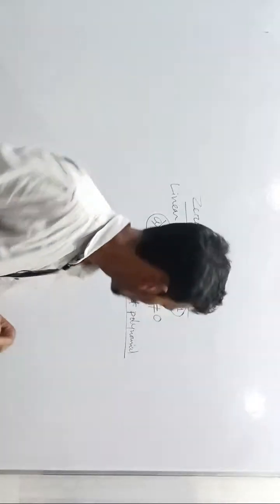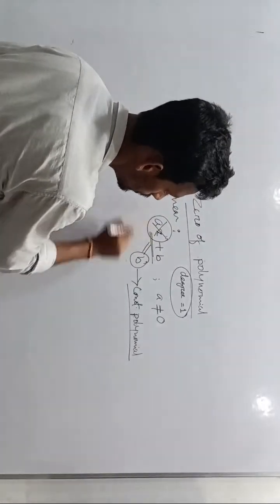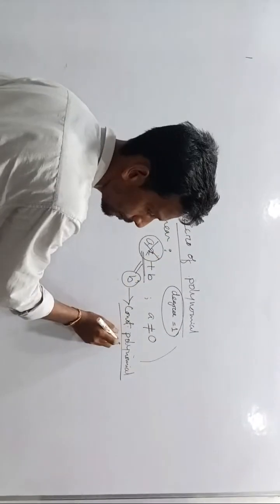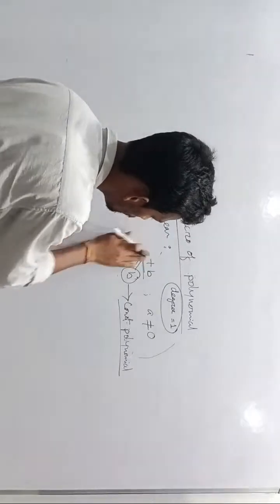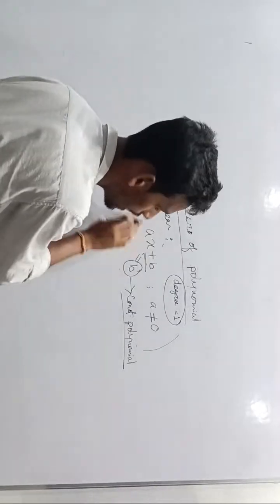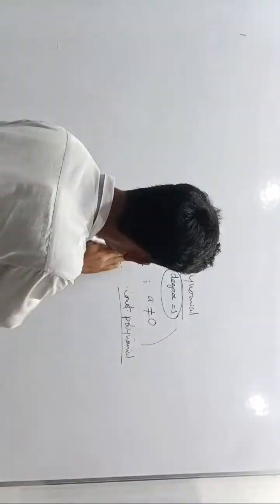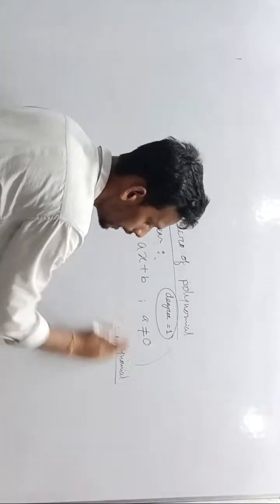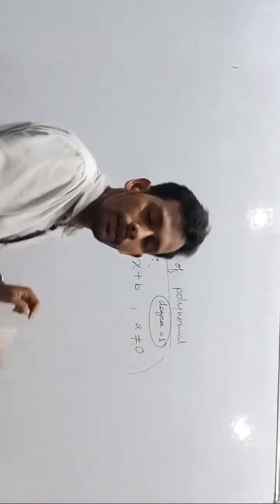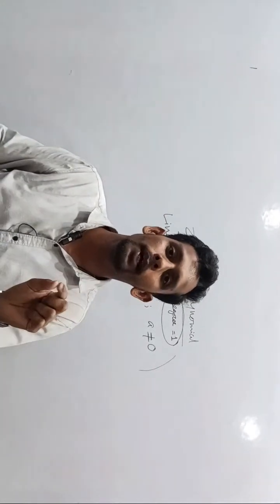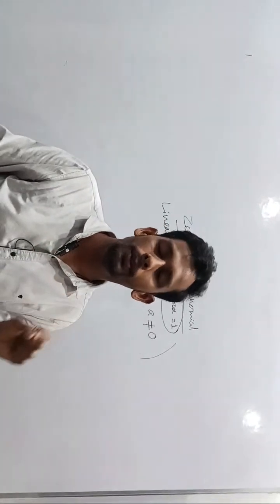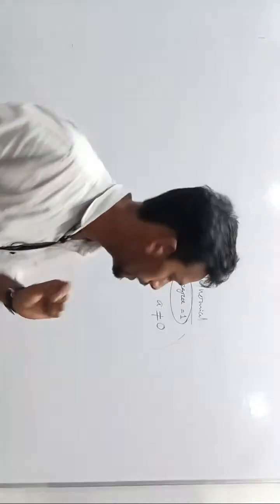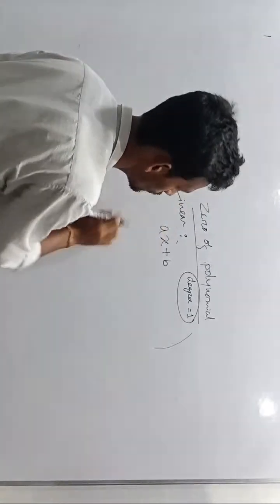If it is a constant polynomial, it cannot be linear. So the coefficient of the highest power of x, a, cannot be 0. In case of quadratic also it is the same. The coefficient multiplied with the highest power cannot be 0. Clear?